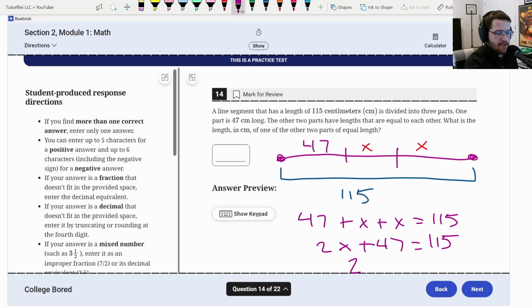And I get 2X equals 68. And then I'm going to divide both sides by 2. And I get X equals 34. And that is what the question wanted, just one of the equal parts. So that is our answer.